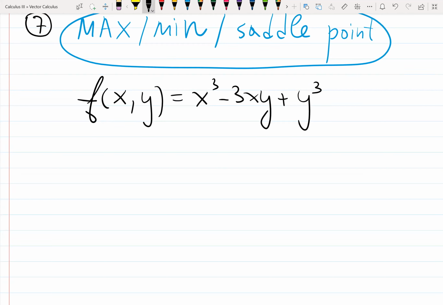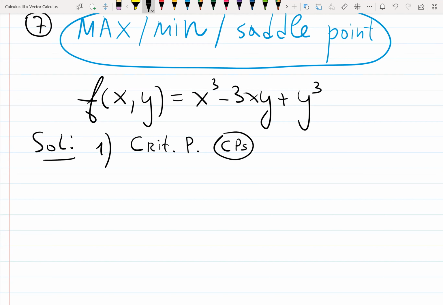Critical points. When you see the maximum minimum, it starts the same way as in calculus 1. You start with derivatives because we need critical points, CPs. Now it's just partial derivatives, and it used to be hard at the very beginning, but now I think you're professional in this. With respect to x is 3x squared minus 3y.